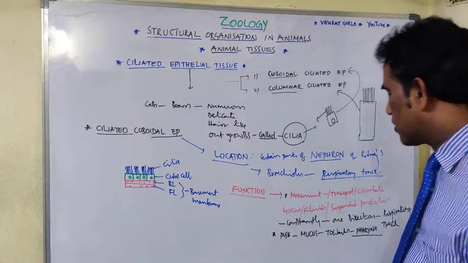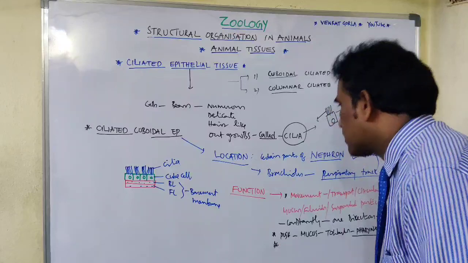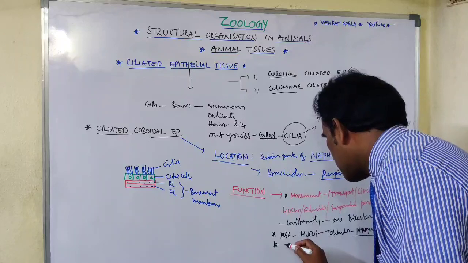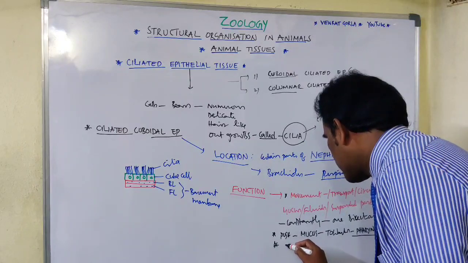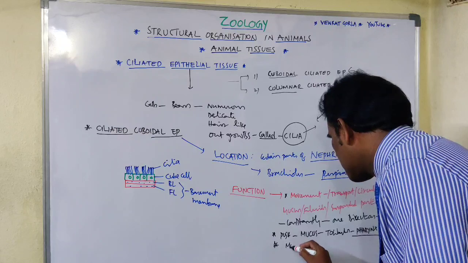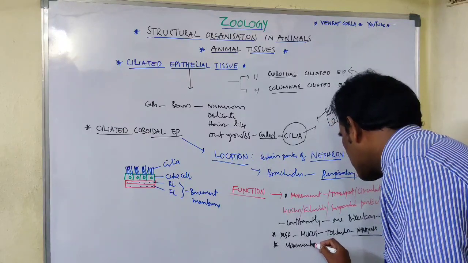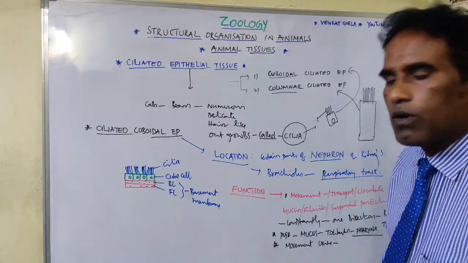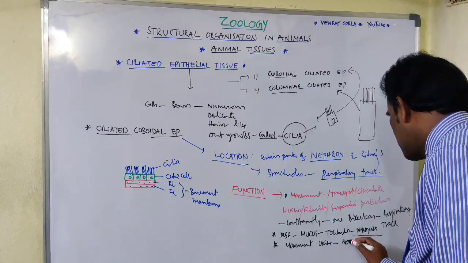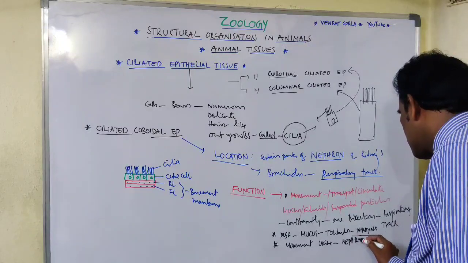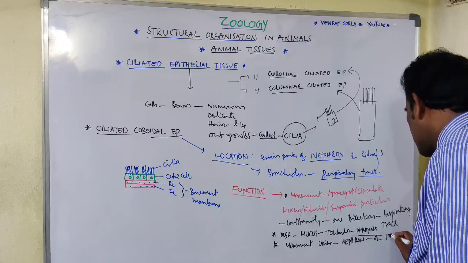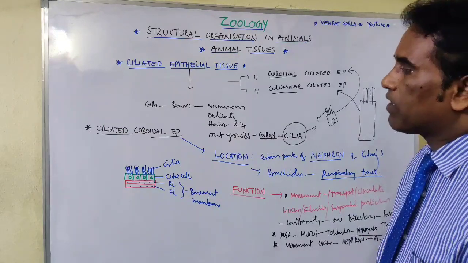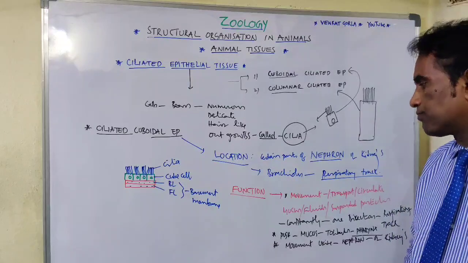And another important function of the ciliated cuboidal epithelium is the movement, pushing or releasing of urine from the nephron of the kidney. So these are the specific functions of the ciliated cuboidal epithelium.